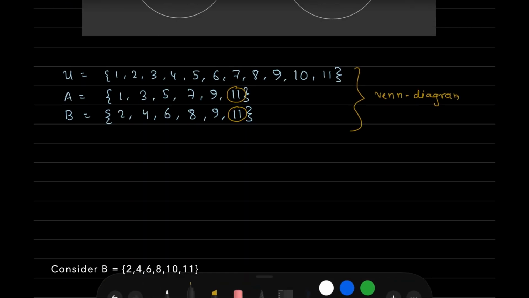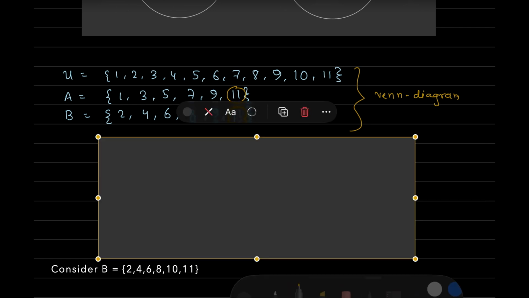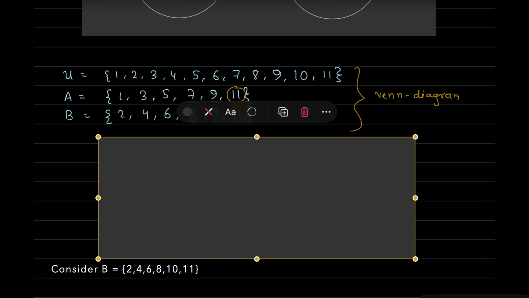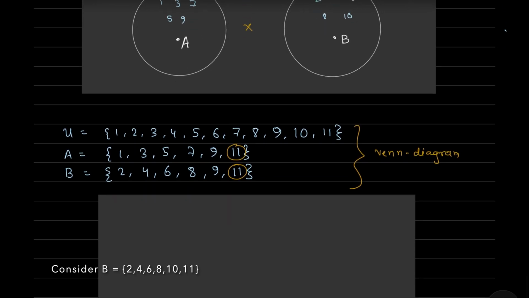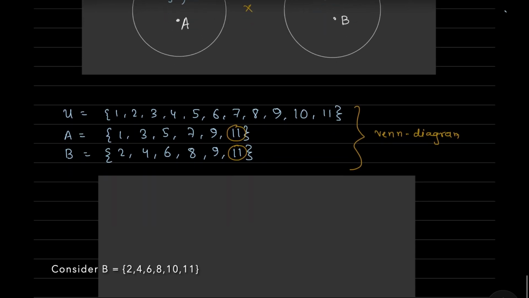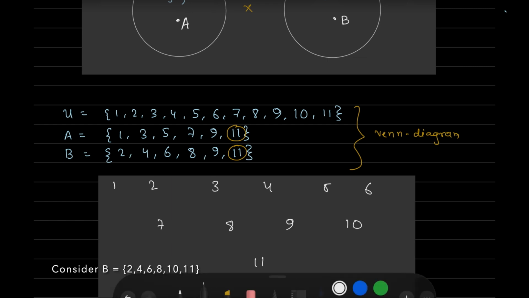Let me make a rectangle. We will follow the same steps as before of making this U, A and B, the new U, A and B, in the form of a Venn diagram. We have 1, 2, 3, 4, 5, 6, 7, 8, 9, 10 and 11. Now let us make the closed curves.